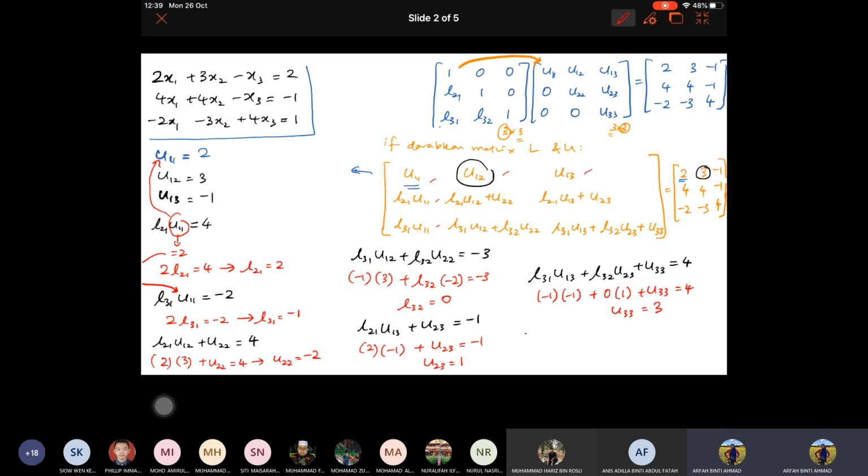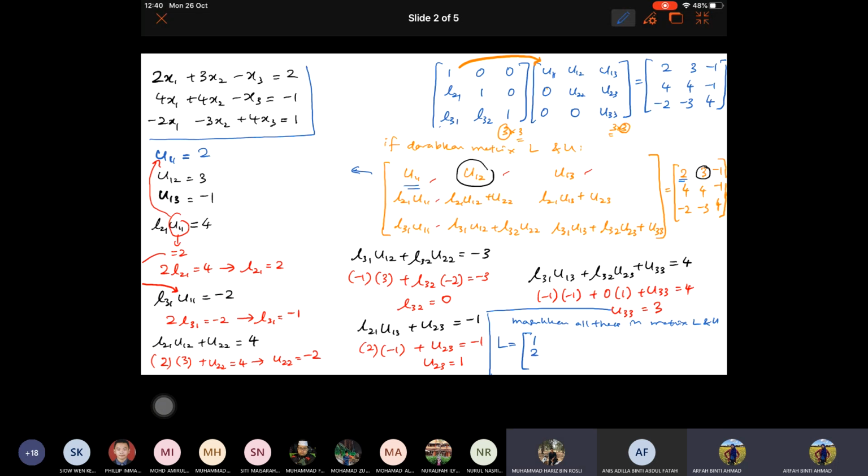So, masukkan balik dalam matrix. Masukkan all this in matrix L and U. So awak akan dapat matrix L awak akan sama dengan 1, L21 sama dengan 2.